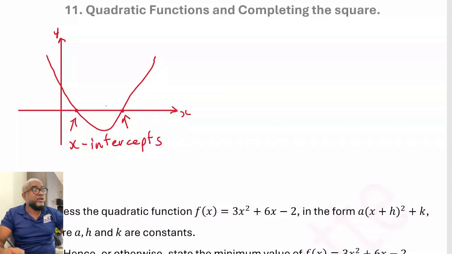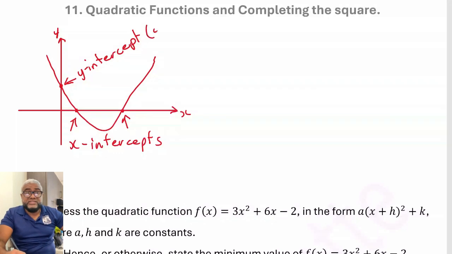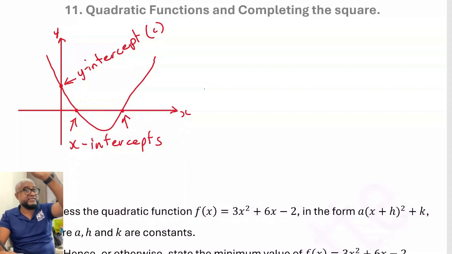And how many times is that curve cutting the y-axis? Once. So this here will be your y-intercept, which is also C. We have ax squared plus bx plus c. C would always be a y-intercept.